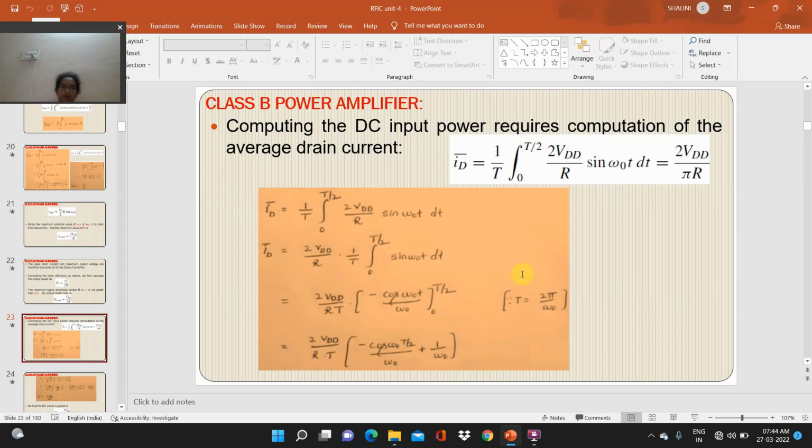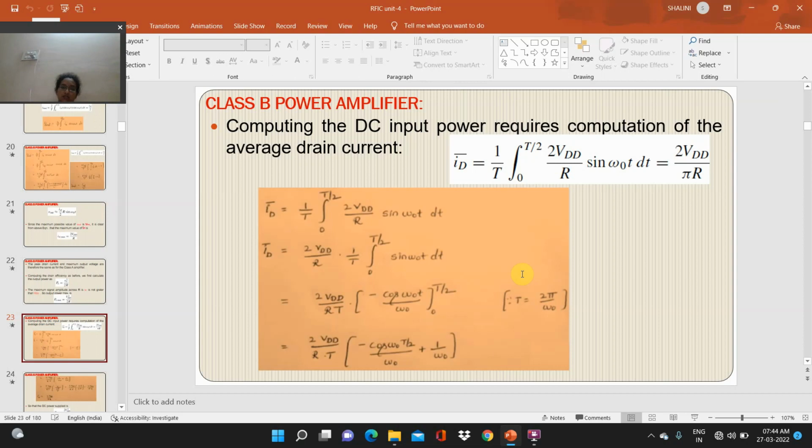Computing the DC input power requires computation of the average drain current. ID bar is equal to 1 by T integral of 0 to T by 2 of 2 VDD by R sin omega naught t dt.